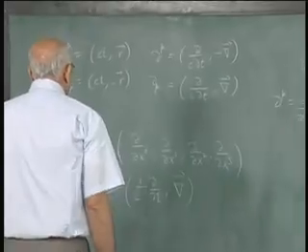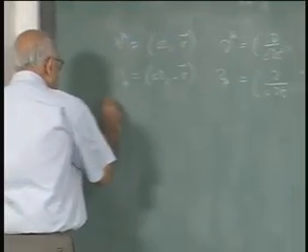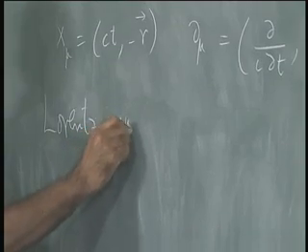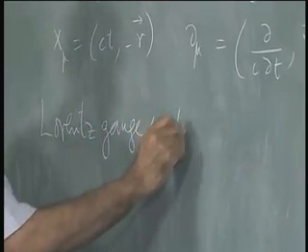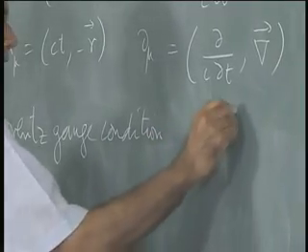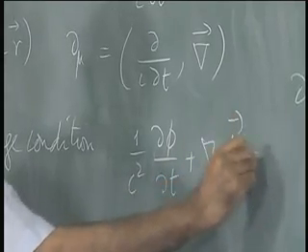Then notice that we talked about the Lorentz gauge, and the Lorentz gauge condition was 1 over c squared delta phi over delta t plus del dot A equal to 0.